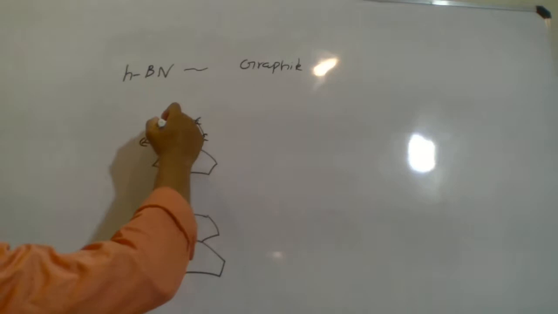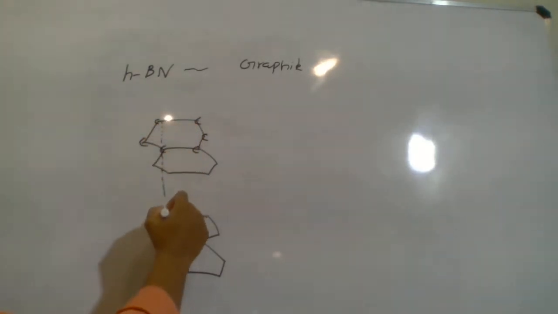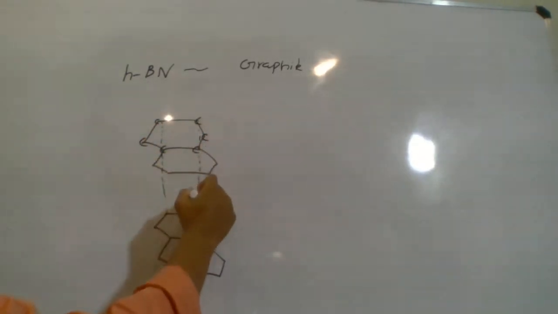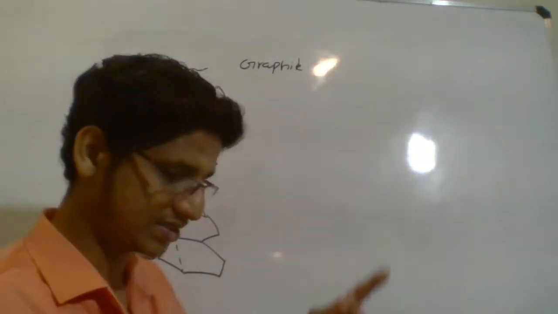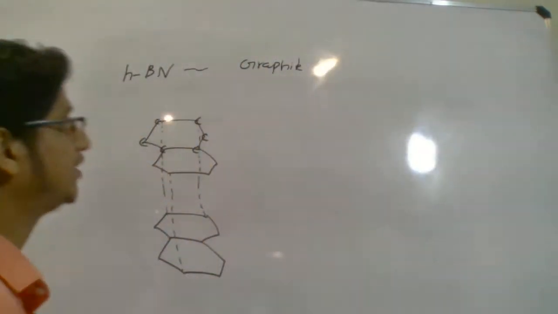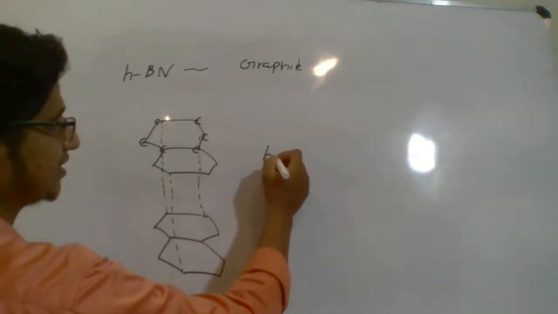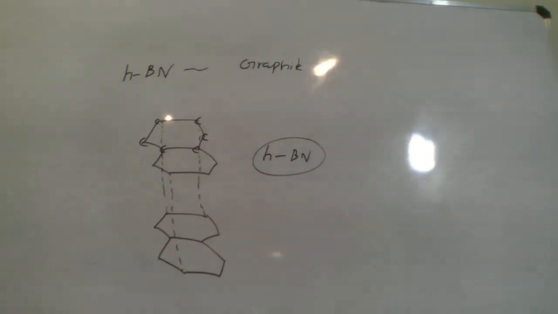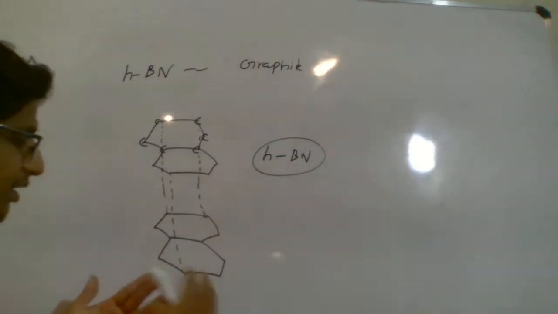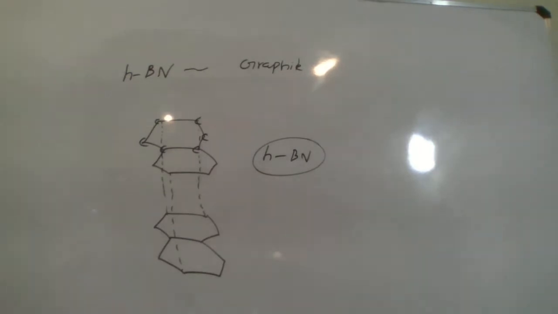Okay, so that's the way you will see the structure of graphite. Similarly, you will see a hexagonal layered structure in graphite, similar to hexagonal boron nitride. The difference will be that instead of carbon, here it will be alternating boron and nitrogen atoms.